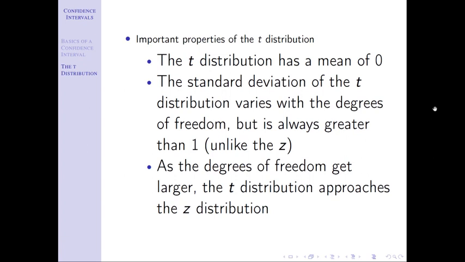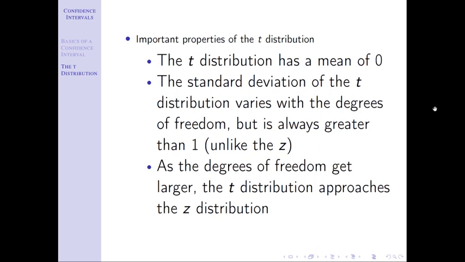And you see that with the row of 500, how those values are really, really close to the z critical values. It's saying, as my degrees of freedom, or, again, because degrees of freedom and sample size are so closely related, as that gets larger and larger, the t-distribution is basically the z-distribution.